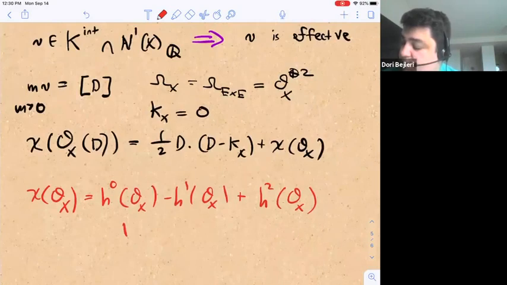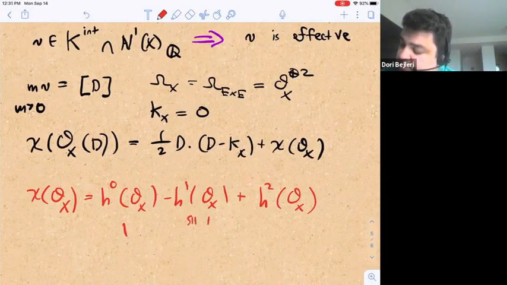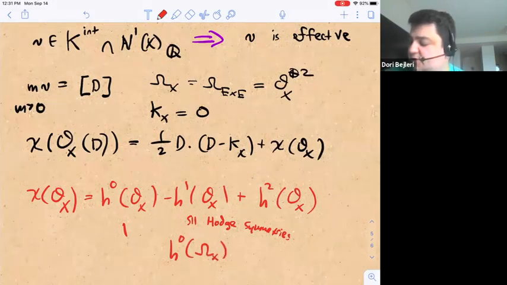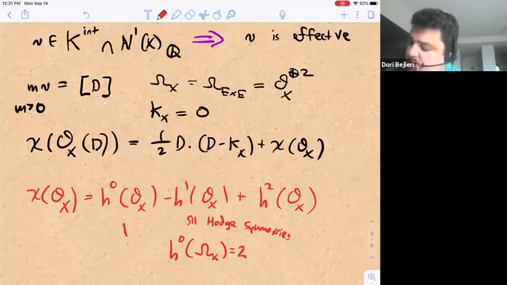For H1, we can use some Hodge theory to get that this is the same as H0 of omega, but that's H0 of a rank 2 trivial bundle, so that's 2. And for H2 of O, we can use Serre duality because the canonical is trivial.